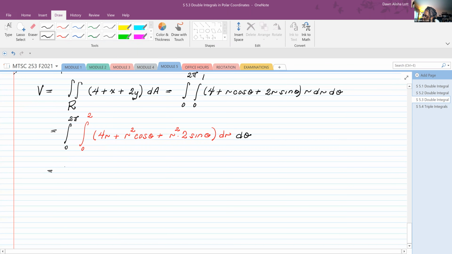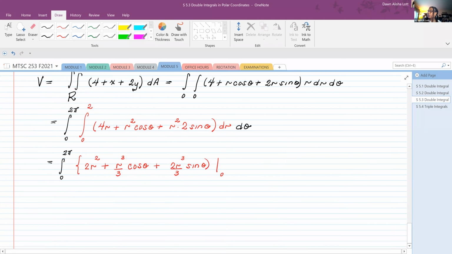So this becomes the integral from 0 to 2 pi. On the inside, I'm going to get 2r squared plus r cubed over 3 times the cosine of theta plus 2r cubed over 3 the sine of theta, evaluated between 0, and I think I made a mistake. I think I changed this to 2 by accident because of the last problem.